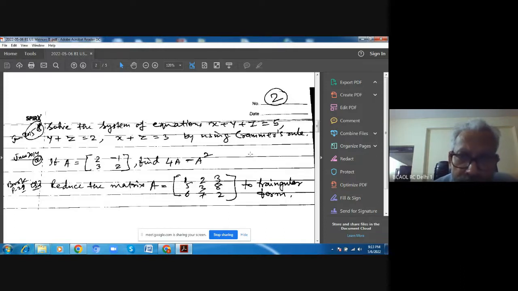Then the formula is x equals D1 divided by D, y equals D2 divided by D, and z equals D3 divided by D. After the calculation, you get the x value, y value, and z value. Ultimately, through Cramer's rule, we have to identify the x, y, and z values.